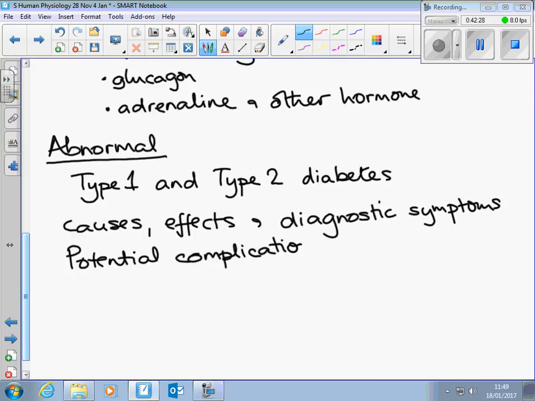Diabetic nephropathy is the kidney one, and diabetic neuropathy would be nerve cells, peripheral nerves getting damaged. People end up with amputations and all sorts as a result. And then control, oh hang on, treatment would be better, wouldn't it? The medical.